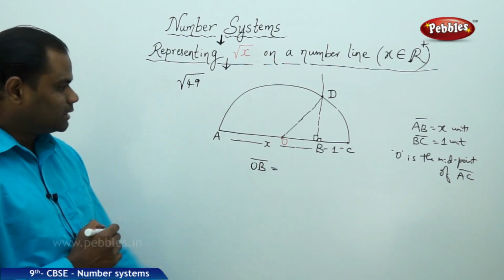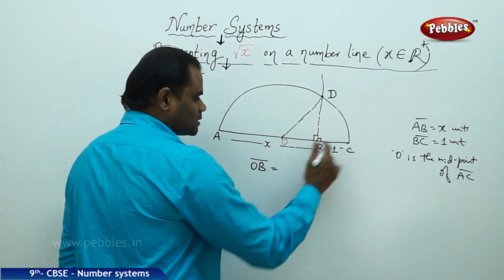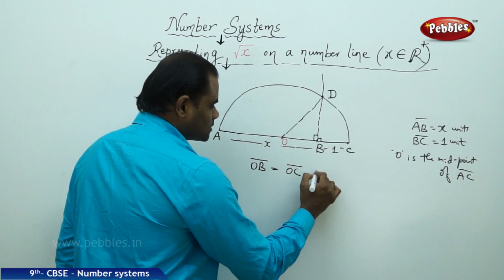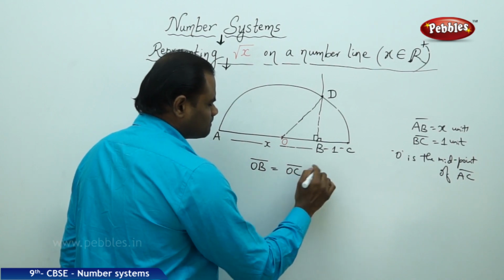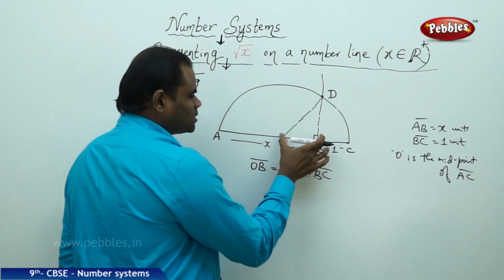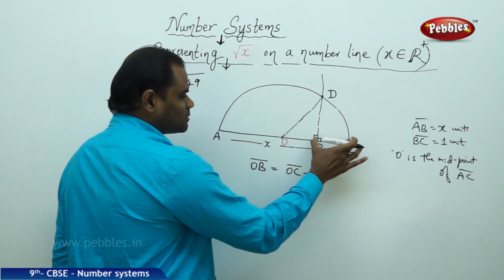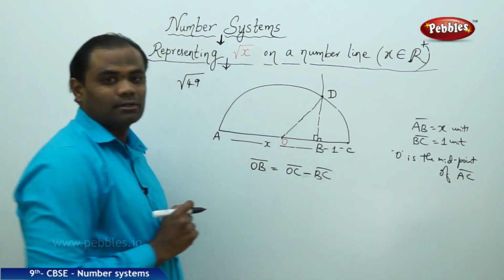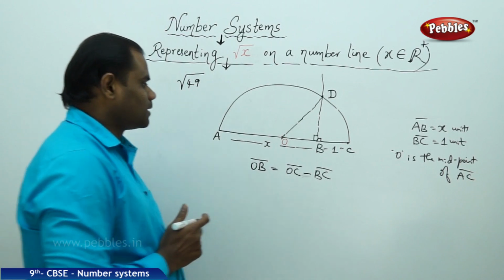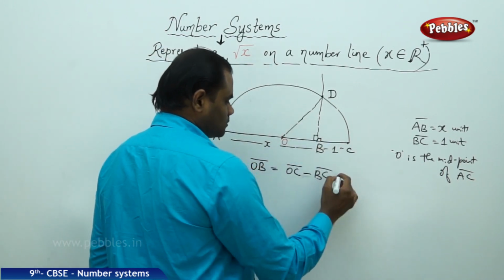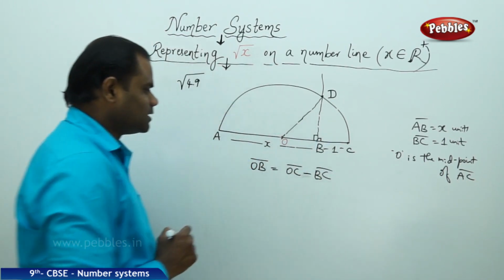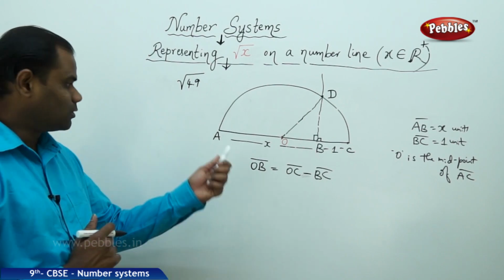I see clearly that OB is OC minus BC. So the distance OB is the entire radius minus BC. Therefore, my OC is the radius which I need to find out here.